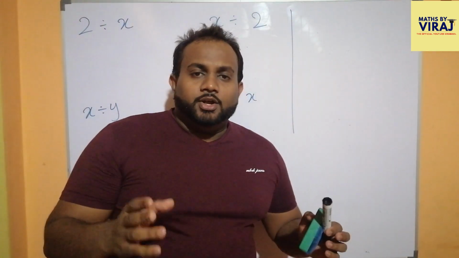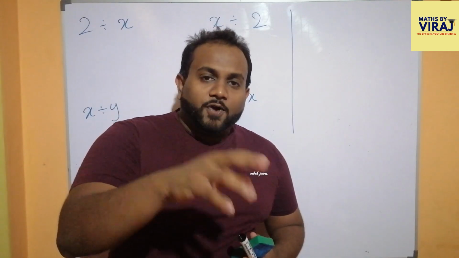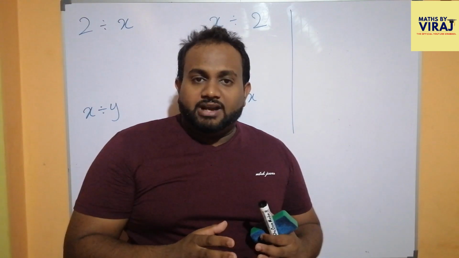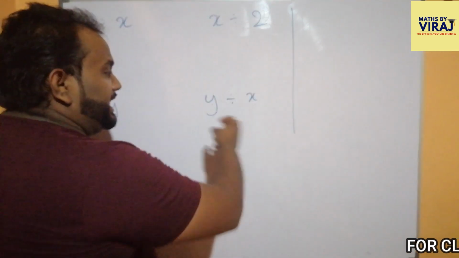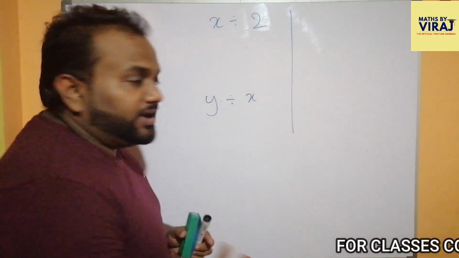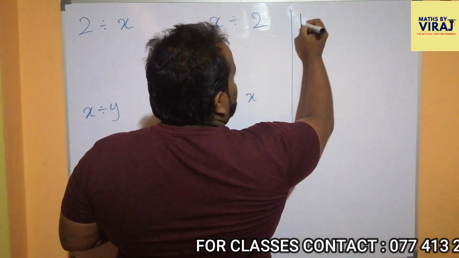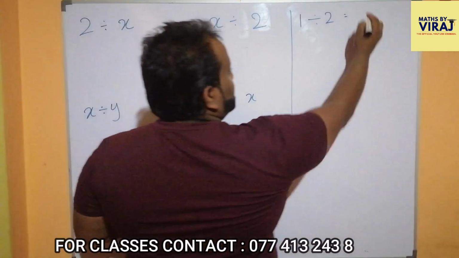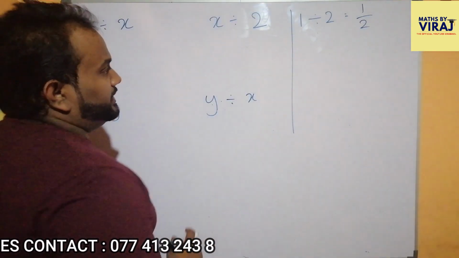Now children, to get a general idea of division, before going for division and multiplication with negative and positive numbers, we'll try to have an insight of how we write division in the form of fractions. Now, if I divide 1 by 2, I can easily write it as 1 over 2. We know it as half.